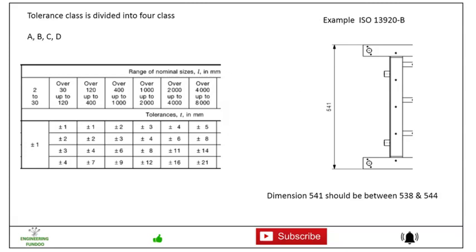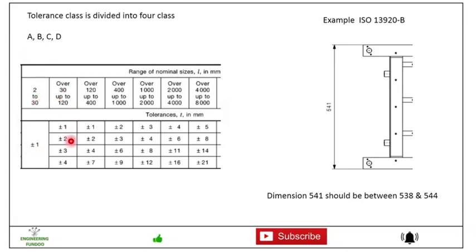Friends, here the tolerance classes are divided into four classes, that is A, B, C and D. That means class A, class B, class C and class D. The selection of the class depends on the application, and here you can see for different classes there are different ranges over which the nominal sizes are given. For 2 to 30 mm, for all classes it is plus or minus 1 mm.